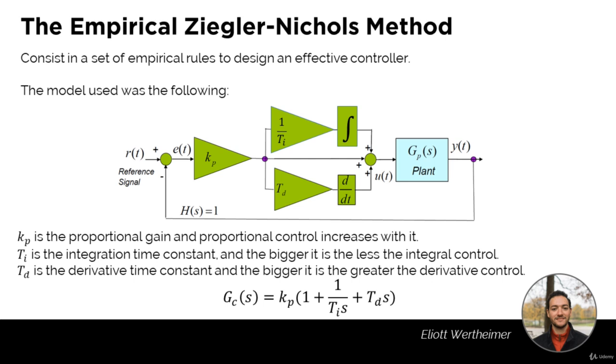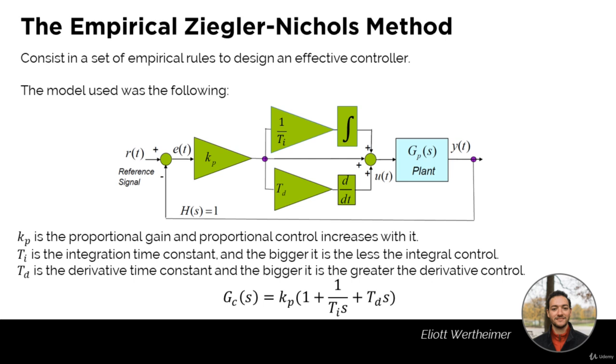Here Kp is the proportional gain as usual, and proportional control increases with it. The greater Kp, the greater the proportional control. Ti is the integration time constant, and the bigger it is, the less the integral control. Ti is actually the inverse of the integral gain that we saw in the proportional plus integral control lectures.